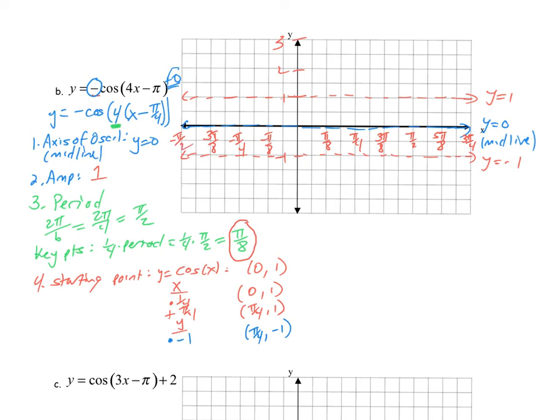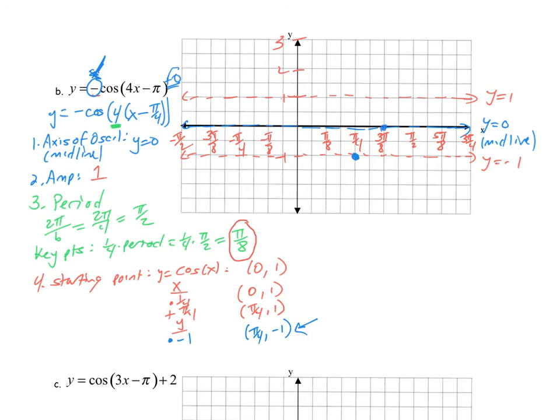We're going to take our starting point, which is here, pi over 4, -1, which is a minimum, and cosine starting at a minimum, we have no choice but to go up. That makes sense because this is a reflected cosine because we have the -1 up in front. Now every quarter period we'll have a key point.